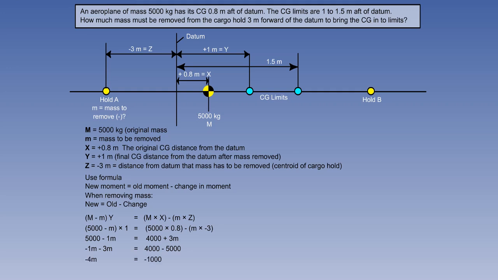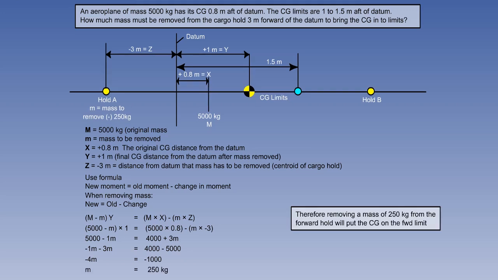Resolving little m and whole numbers results in minus 4 little m equal to minus 1,000. Solving for the value of little m by dividing minus 1,000 by minus 4 gives 250 kilograms, being the amount of mass required to be removed from the forward hold to bring the centre of gravity onto the forward limit, 1 metre from datum.